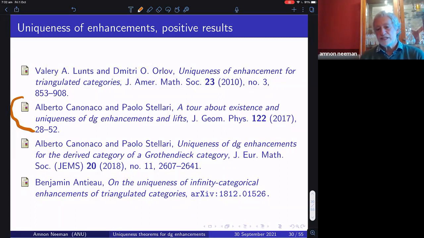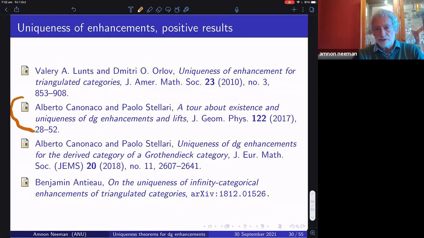You can prove stronger theorems using well-generated triangulated categories. And then the paper by Antieau was somehow a jump. He proved much better results. And he proved it using the infinity category techniques. So it's really a jump. It proves results much stronger than the two earlier papers by infinity category techniques.